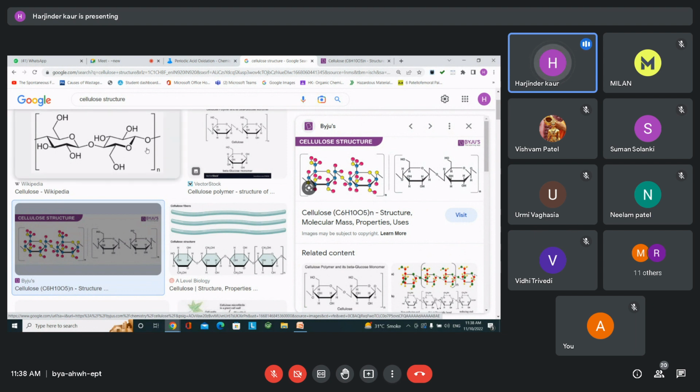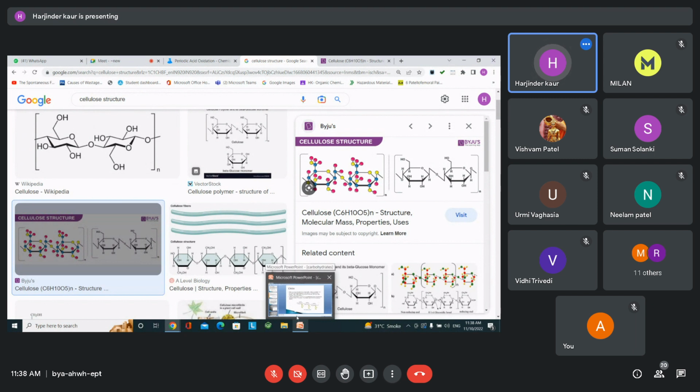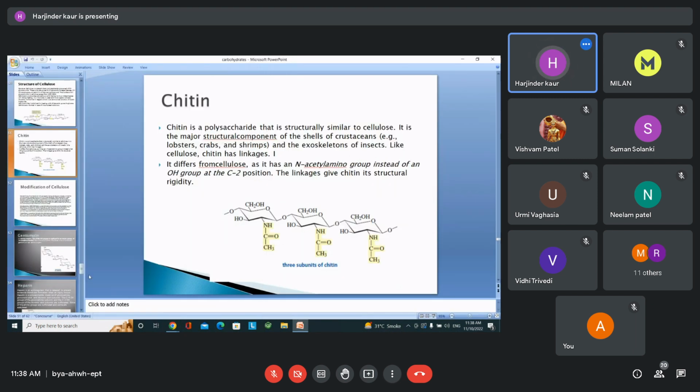Now, why have I drawn in this form? Because once the bond is formed and it is a chair form, as we know, the actual structure is more like this. It is not like this. This is our Fischer projection. This is the actual structure which comes in 3D, which we can see.